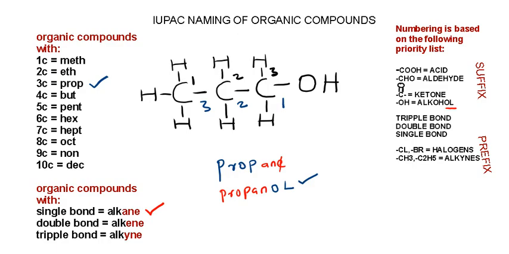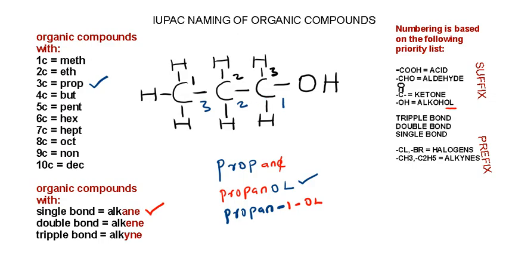Or we can also call this propan-1-ol. Why? Because this functional group belonging to alcohol is attached to carbon number 1 in backward direction.